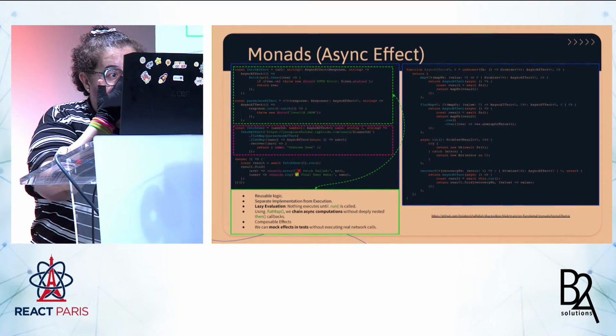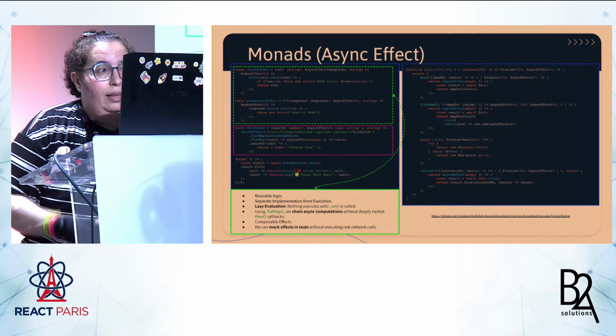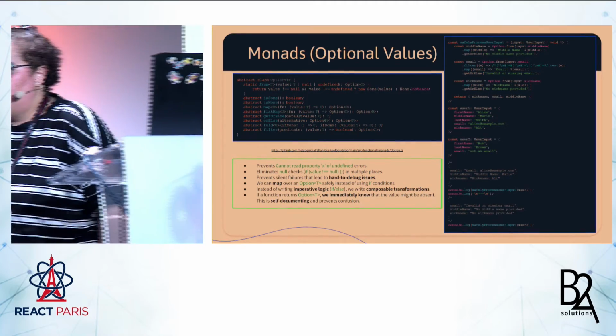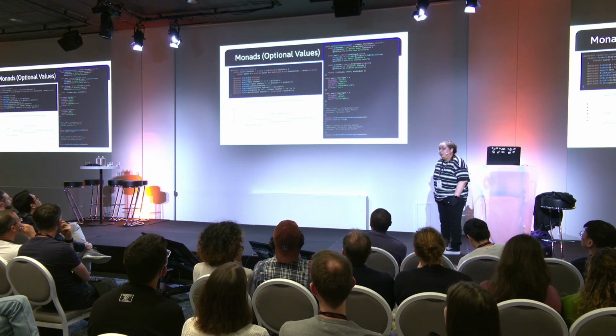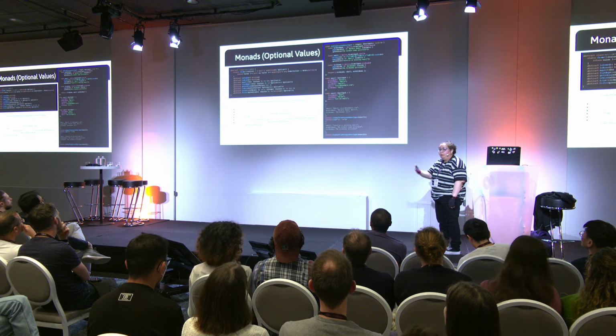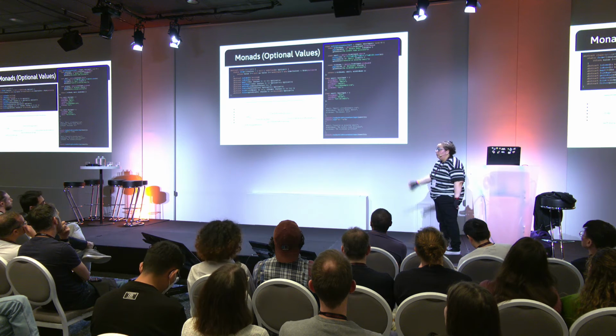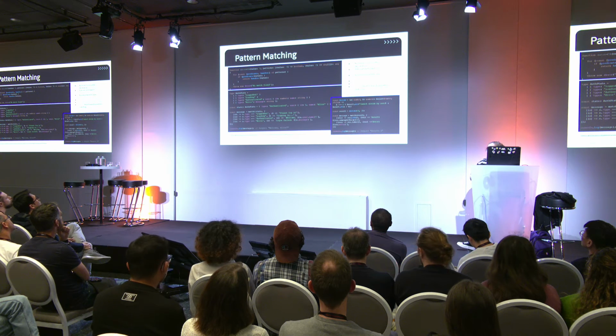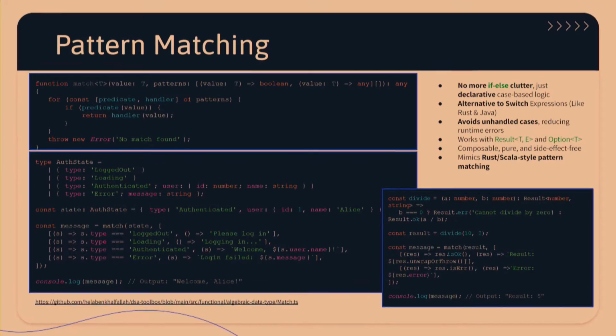I can use monad to handle asynchronous effect, and I can also make optional values like what we have, for example, in Java, or like what we have in Rust. I can make pattern matching in order to replace the nested structure of switch, for example, or of nested if.